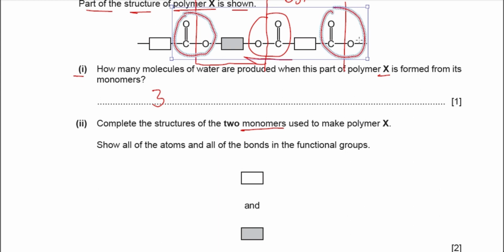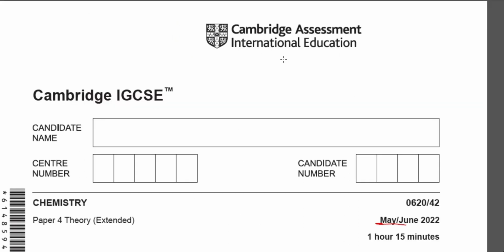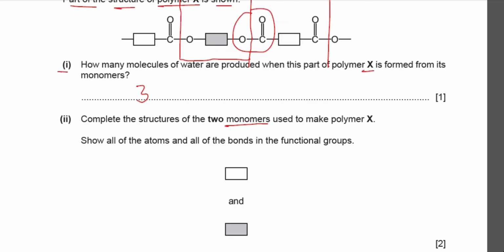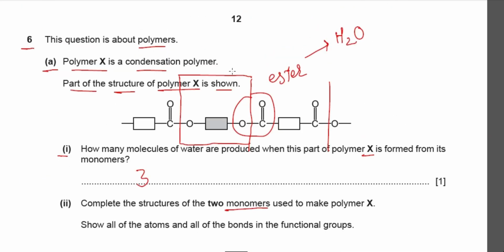Let me clear this so that you can easily understand. Okay, here was the question. Now I'm clearing the boxes and writing so that you can easily understand what I am going to show you. So now it's clear.